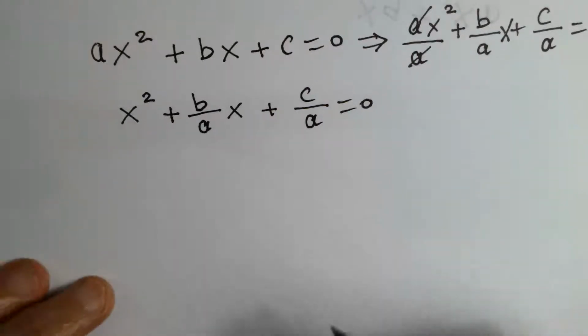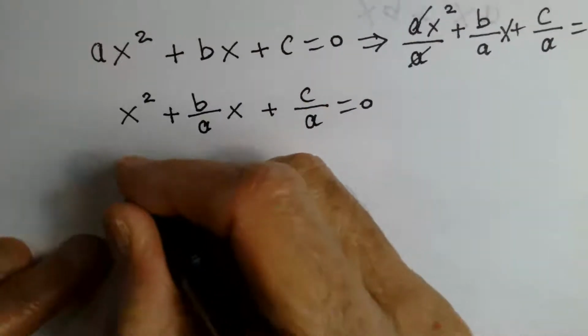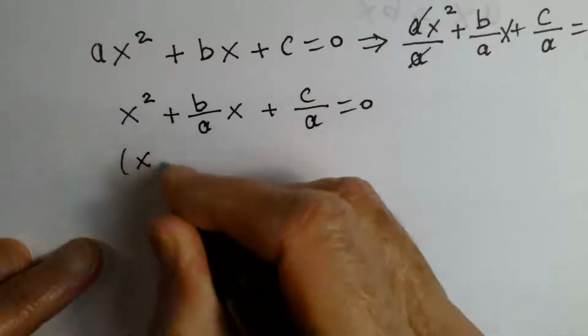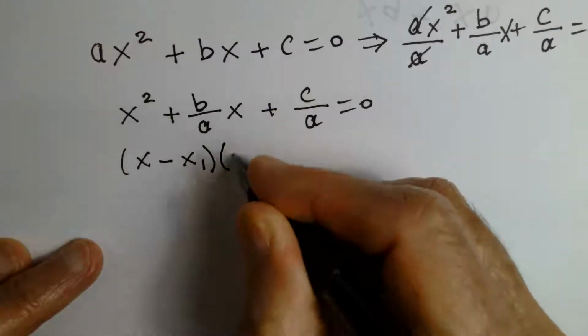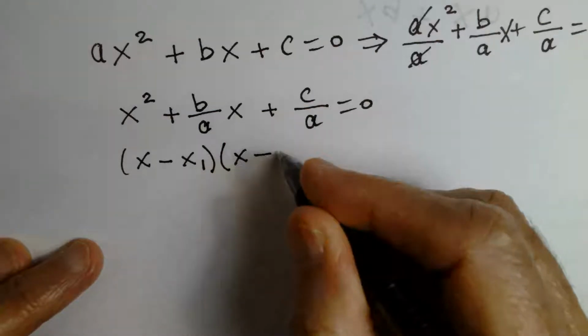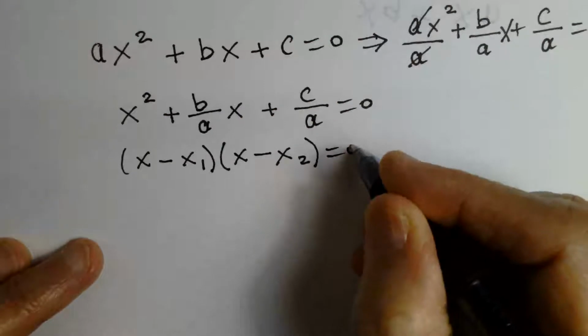If we assume x1 and x2 are the roots of this equation, then we can write x minus x1 into x minus x2 equal to 0.